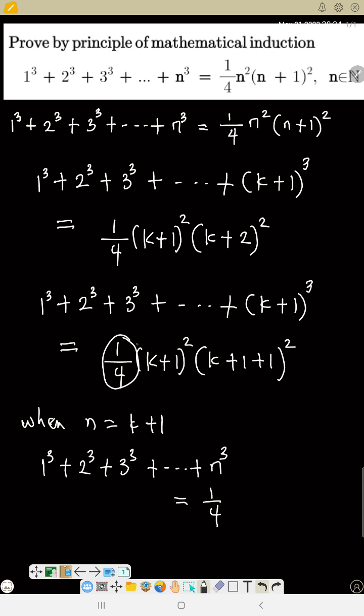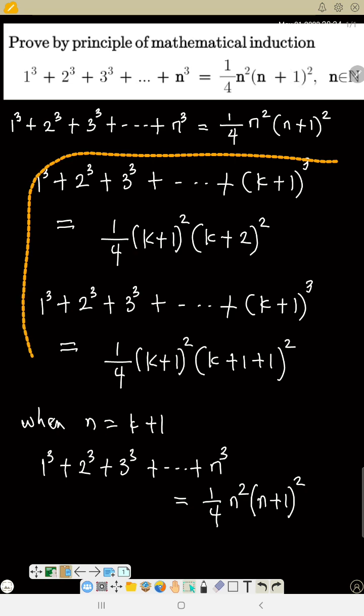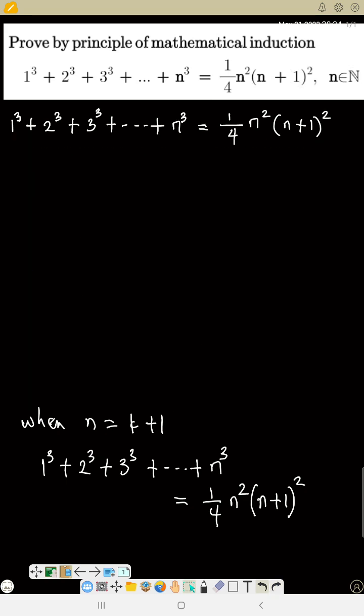It will be equal to 1 over 4, then k plus 1, that is n square, brackets another k plus 1, n, so that will be n plus 1 square. So you can see from here we have achieved our question back. That means the given statement is true for n equals k plus 1.